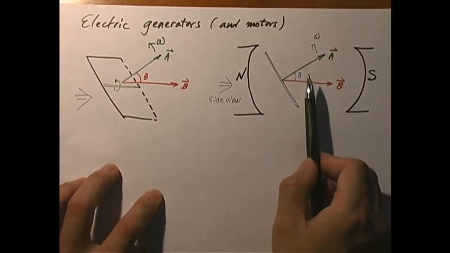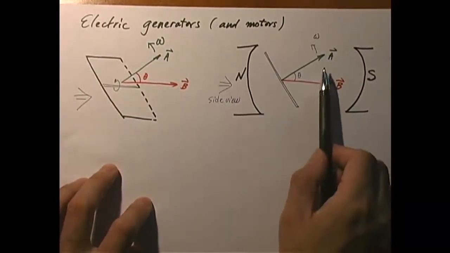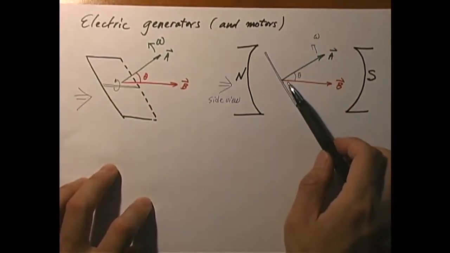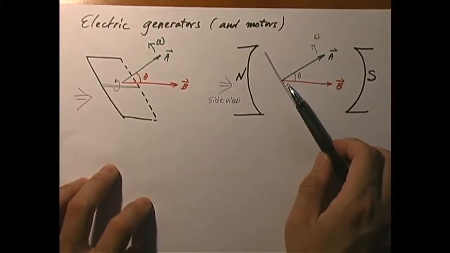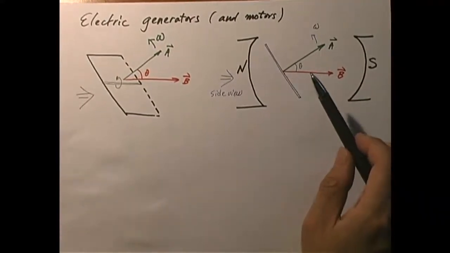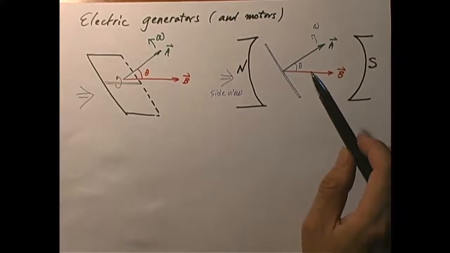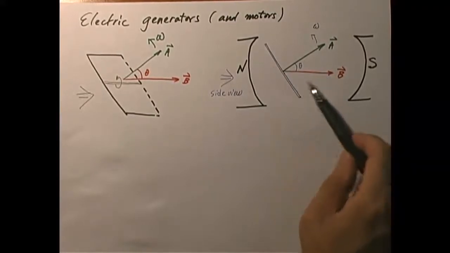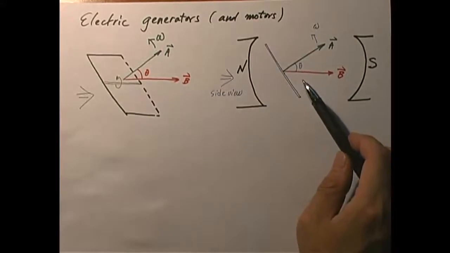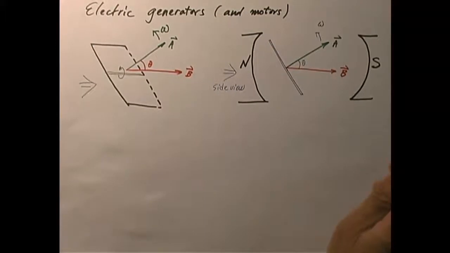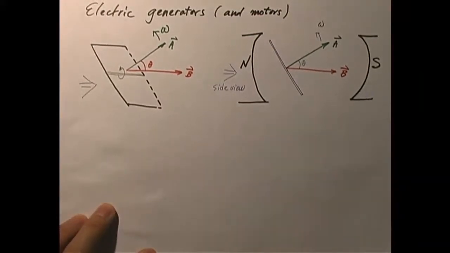So you see, as the loop turns, the magnetic flux going through it obviously changes, and therefore, according to Faraday's law of induction, there will be an induced EMF. And that is how we turn the mechanical rotation, mechanical energy, into electromagnetic energy by creating an EMF.